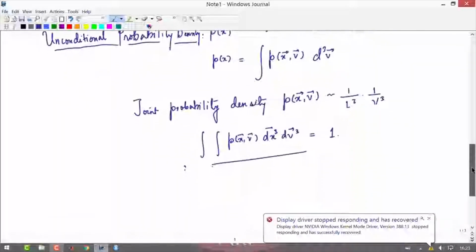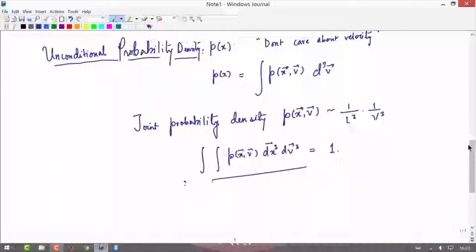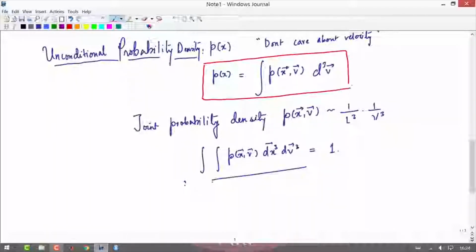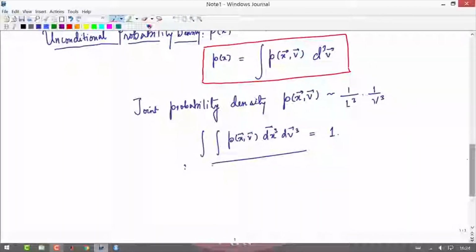Knowing this, one can compute the unconditional probability density, which has just been computed in this expression. This is a concept that says I want the information of a small subset of variables, and I don't care what the values of the remaining subset of variables are.